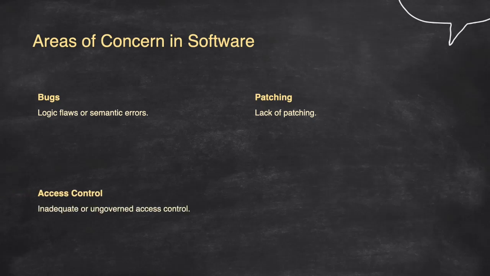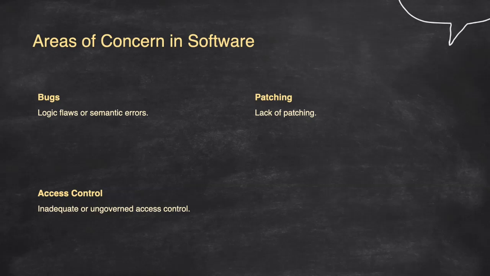Next, about access control. Friends, access control refers to the systems and protocols that determine who can access specific data, applications, or areas within a software system. When access control is inadequate or not properly governed, it can lead to unauthorized users gaining access to sensitive information or critical system functions. This can result in data breaches, security vulnerabilities, and misuse of resources.